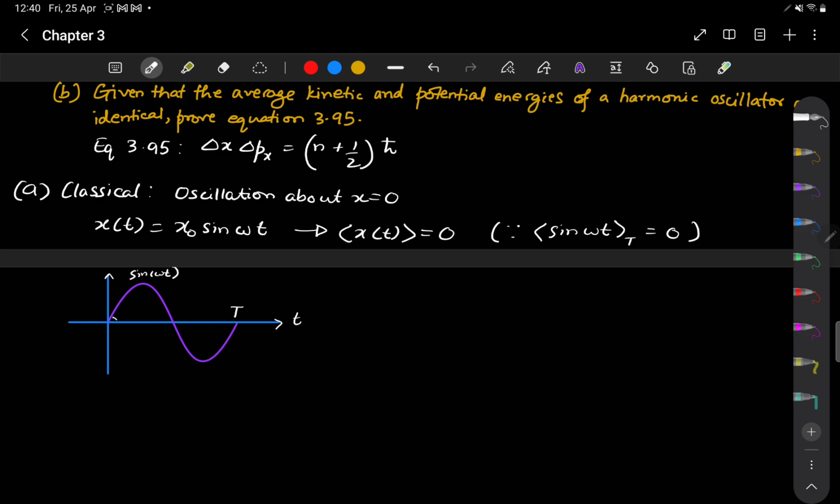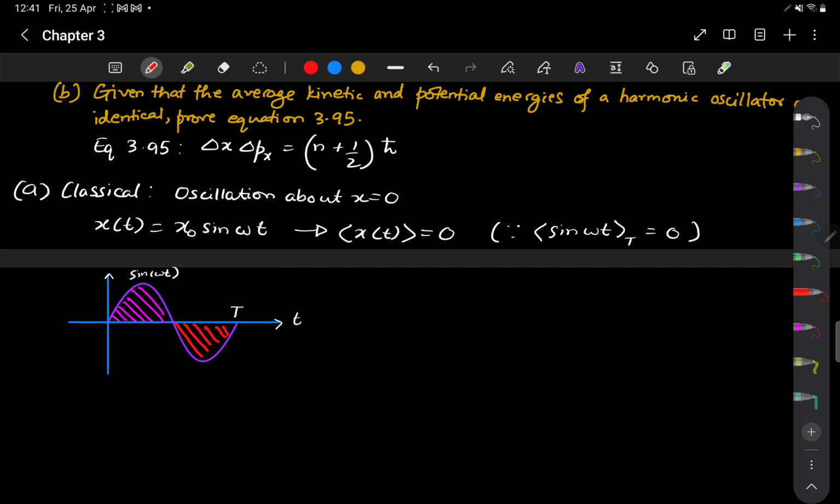You can see that the portion above the x-axis is exactly the same as the portion below the x-axis, so these two parts cancel out.